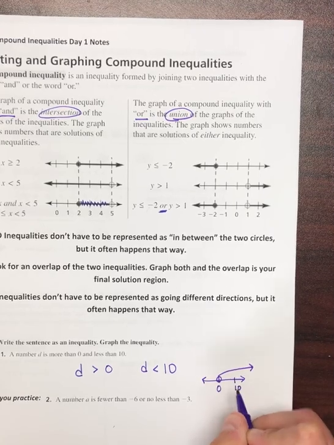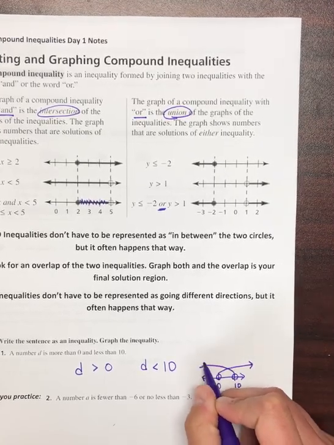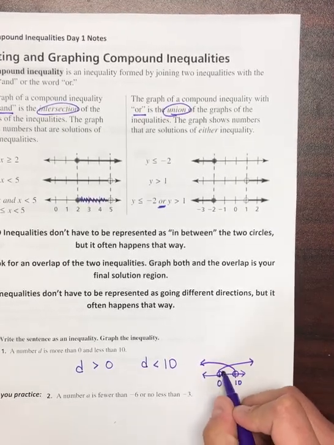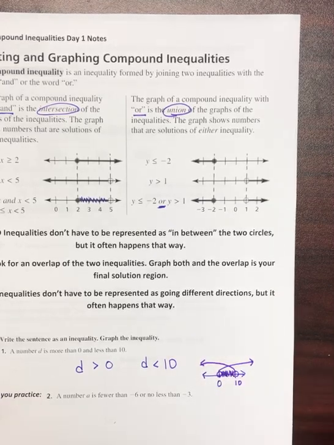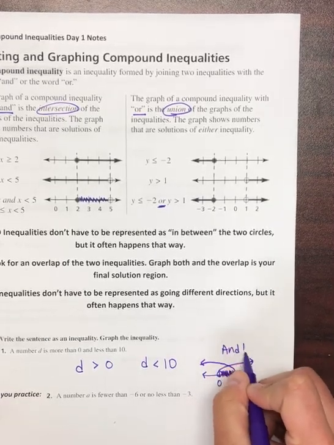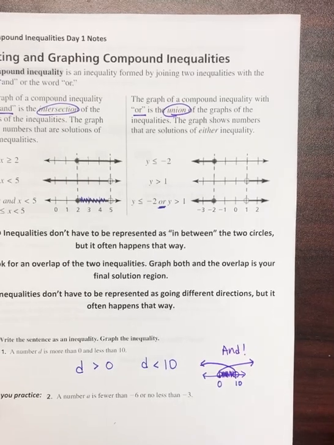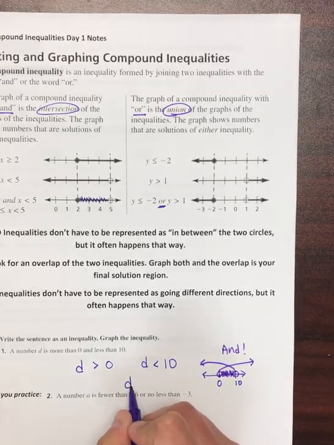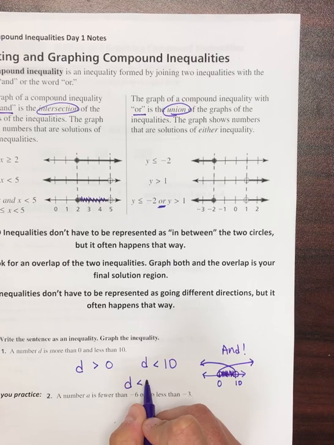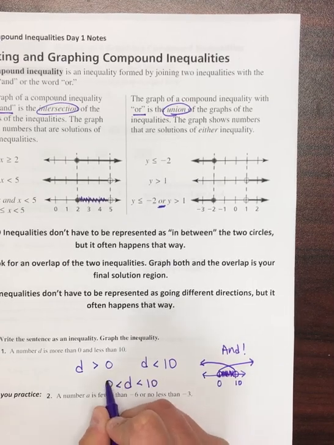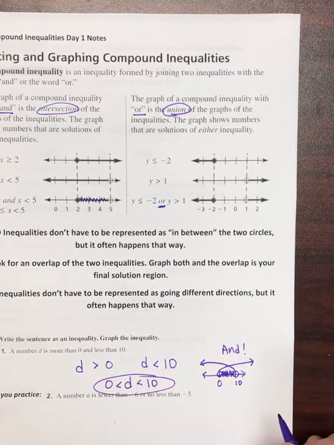Here's 10, open circle to the left. The place that will be overlapped is in between. So this is an "and" inequality because there's an intersection. We would put D in the middle, and say that it is less than 10 and greater than 0. So that's my compound inequality.